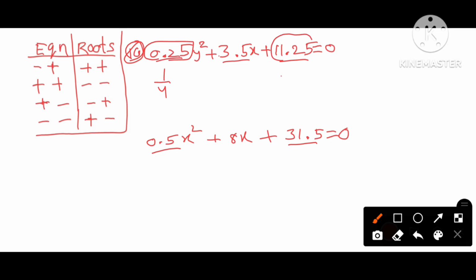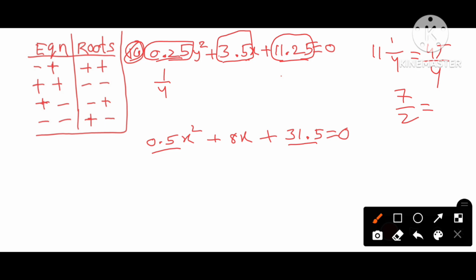Here we see 11.25. 11.25 means 11 1/4. So 11 1/4 means 11 times 4 is 44 plus 1, 45 divided by 4. So here 3.5 means we can write this as 7 divided by 2. 7 divided by 2, the value we get is 3.5.